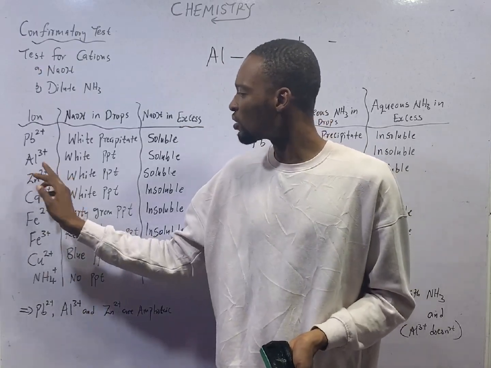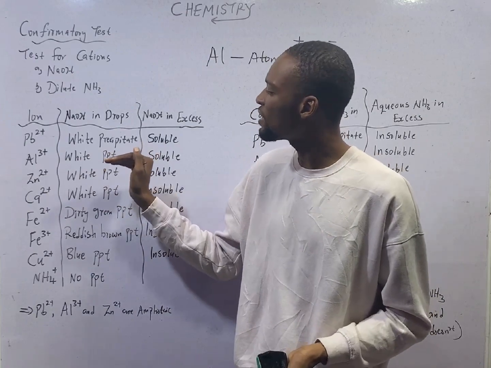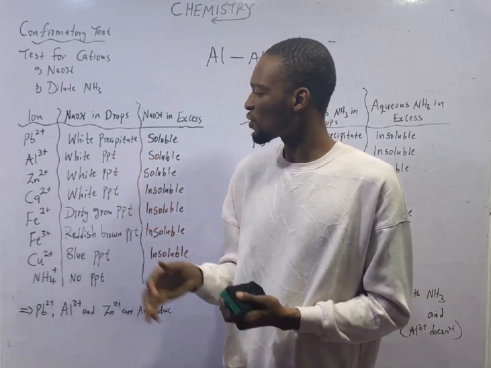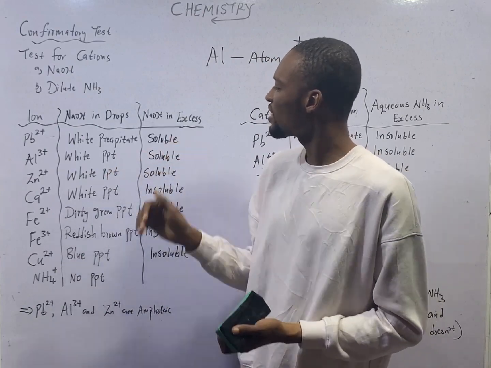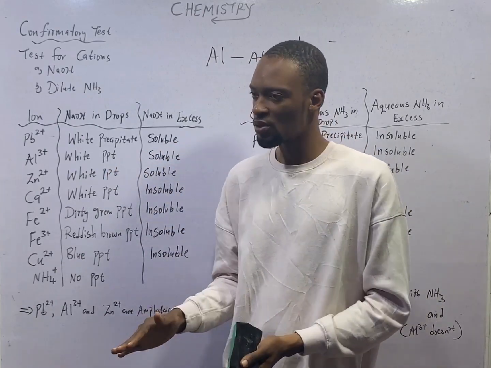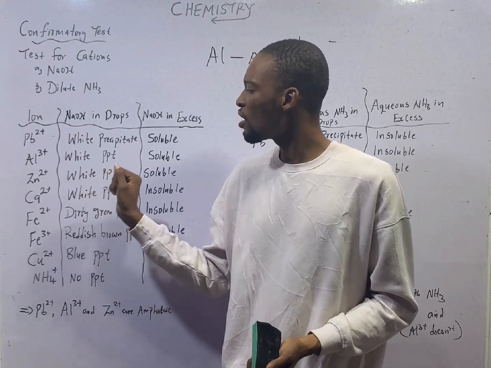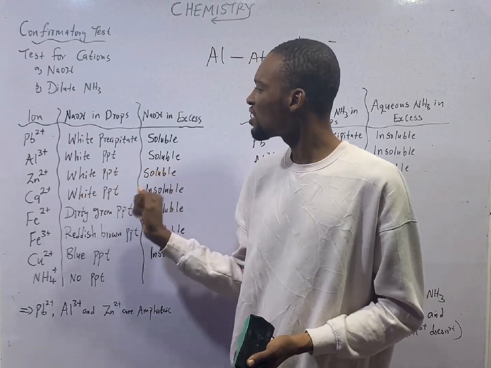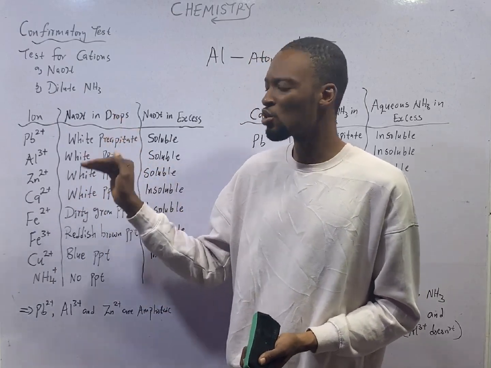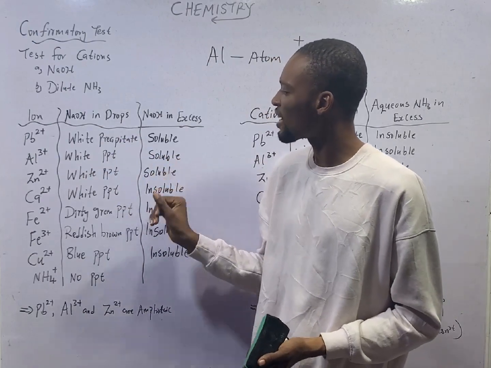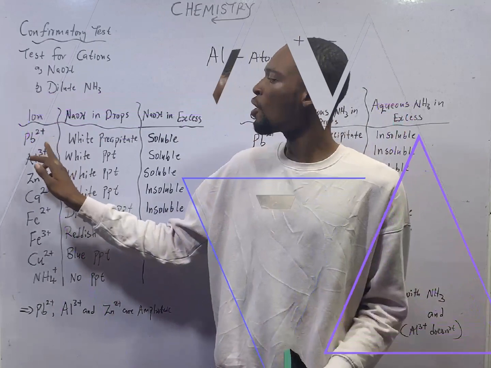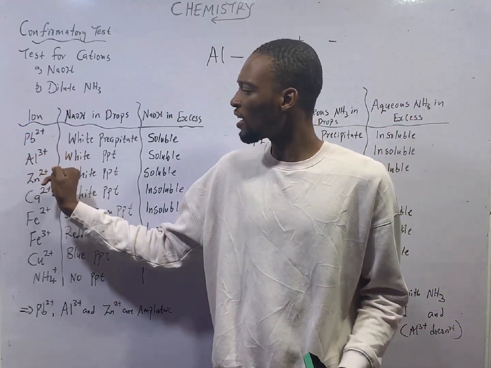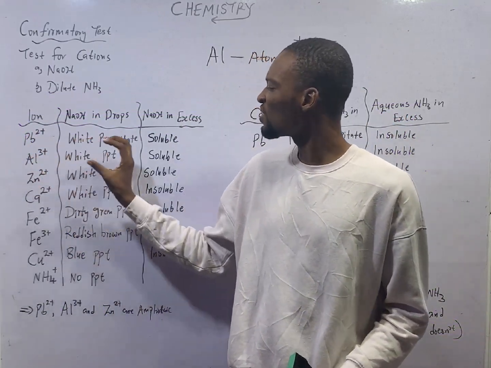Now aluminium ion forms white precipitate with drops of sodium hydroxide, and this precipitate is soluble in excess sodium hydroxide. Zinc ion forms white precipitate in sodium hydroxide drops, and in excess sodium hydroxide, this precipitate is soluble. Lead ion, aluminium ion, zinc ion, they give us the same result.